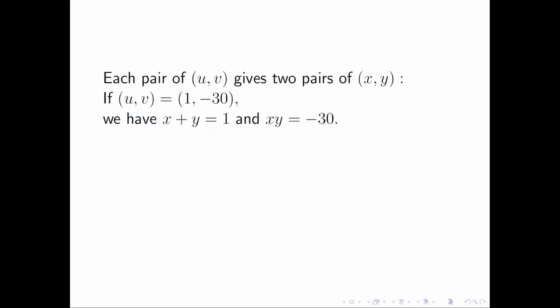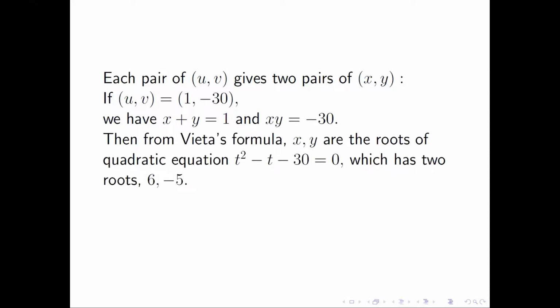The first pair, u, v, is 1, negative 30. So x plus y is 1, and x times y is negative 30. Then, from Vieta's formula, we know x, y are the roots of the quadratic equation t squared minus t minus 30 equals 0.